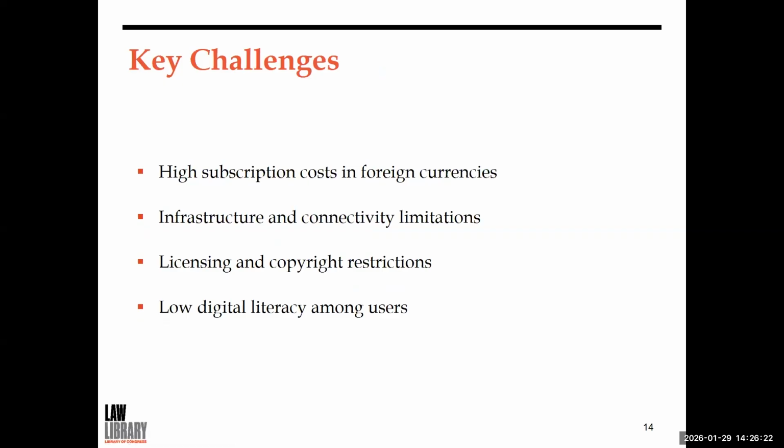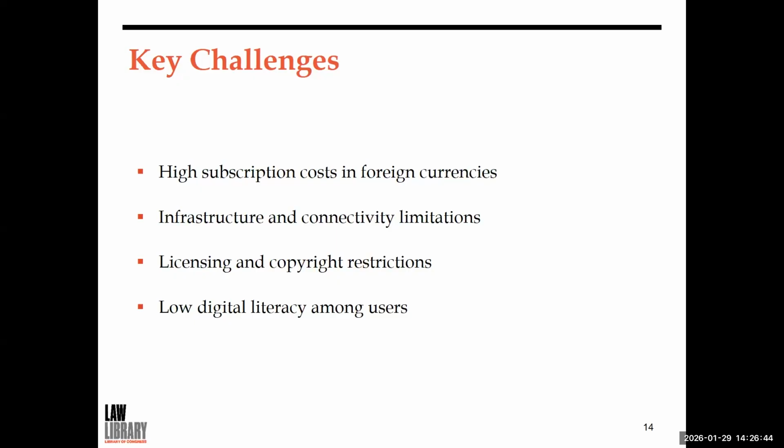Key challenges that we are facing as Kenyan libraries: there are high subscription costs in foreign currencies. You'll find that most legal databases, such as LexisNexis, Westlaw, and HeinOnline, are mostly priced in US dollars.